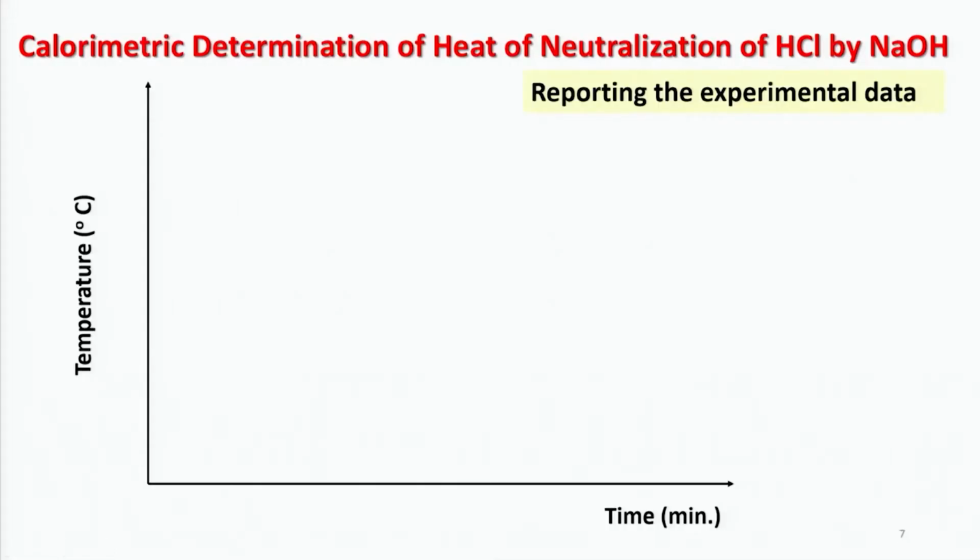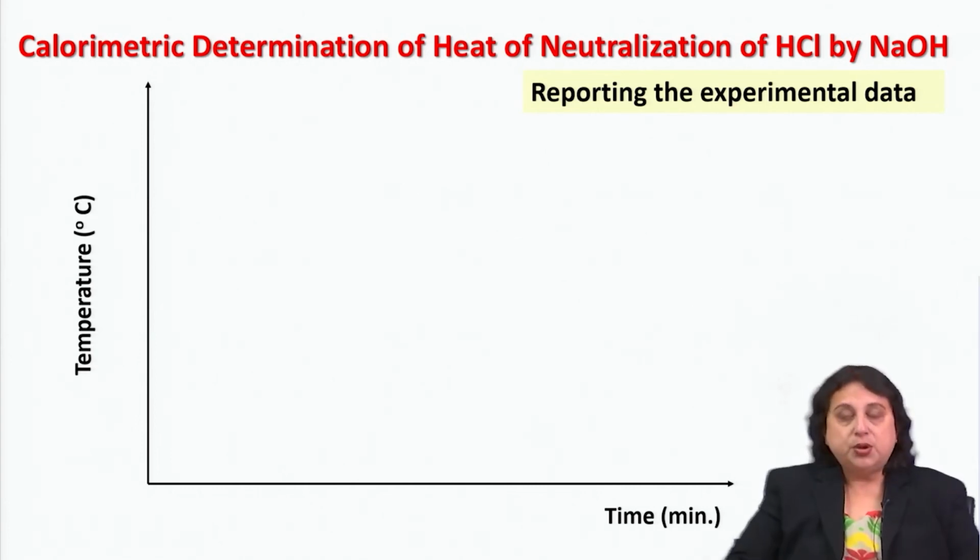So, what is it that you will do at the end of this experiment? You are going to report the experimental data, and obviously you will prepare some tables in which, in a very systematic manner, you present the temperature values that you have recorded, both from the thermometer as well as from the digital display. Okay?